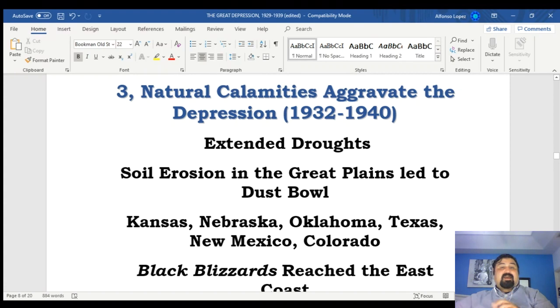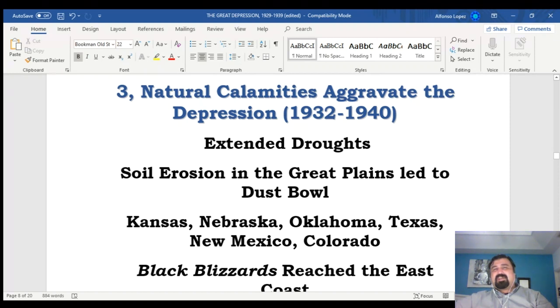So again, extended droughts made the production of crops more difficult, particularly to farmers and peasants around the world that rely on the blessings of nature, rain, for the production of crops. So if you have no access to electricity, to modern machinery like irrigation systems, you're going to have a tough time producing food. Not that it was totally impossible, but it was harder.